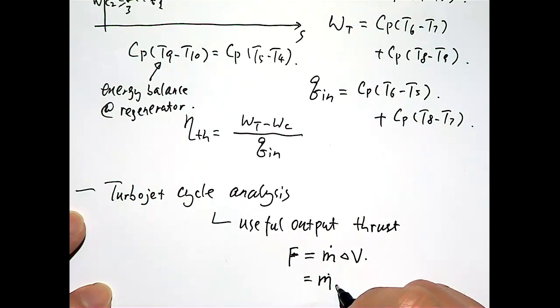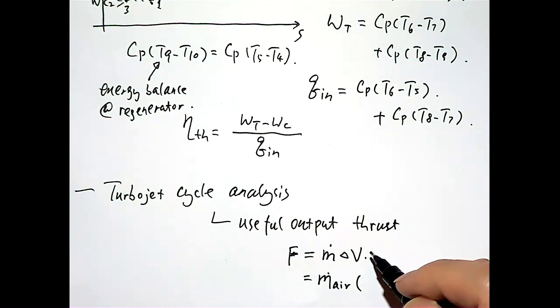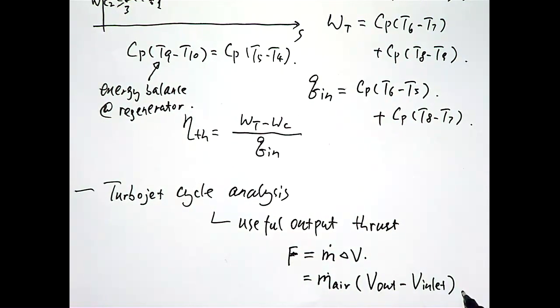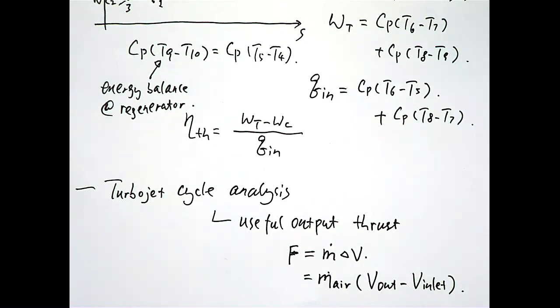Let's be more clear: it's the amount of air passing through this engine, or this turbojet, and the velocity is the velocity change passing through this device, the velocity of the outlet minus the velocity of the inlet. So depending on how much air you can accelerate, and how much velocity increase you can produce, it will generate a larger thrust.